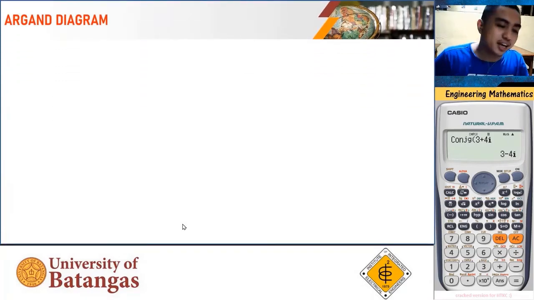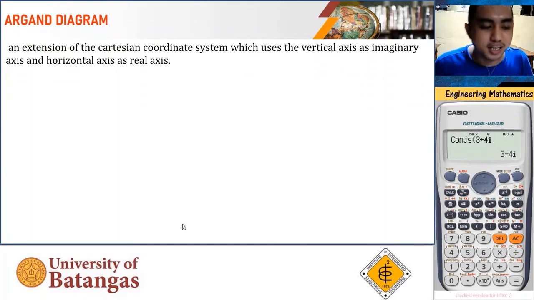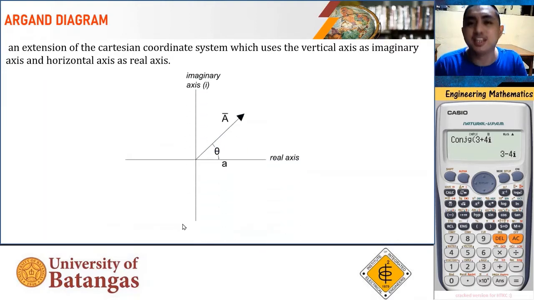So, Argand diagram. An extension of the Cartesian coordinate system which uses the vertical axis as imaginary axis and horizontal axis as real axis. So yung Argand diagram, parang Cartesian plane lang din to.